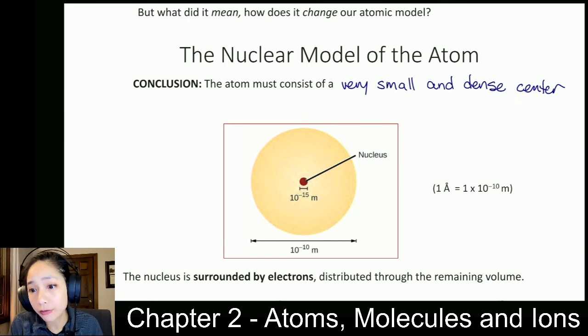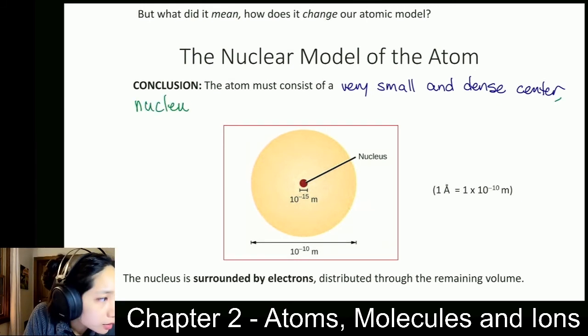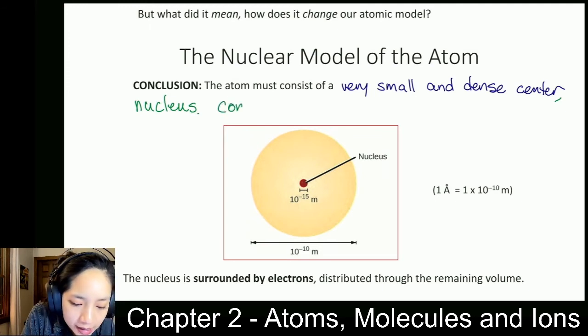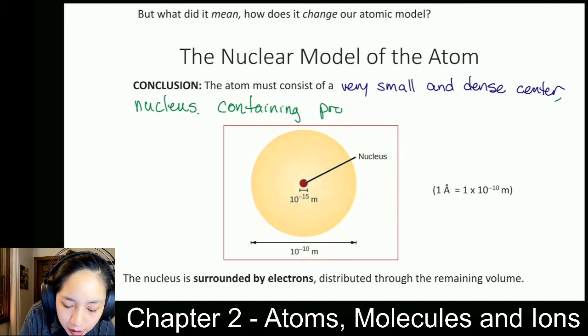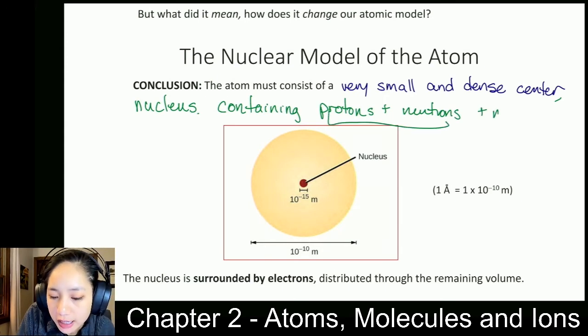So the conclusion that Ernest Rutherford made from his gold foil experiment is that the atom must consist of a very small, dense center or nucleus containing the protons and neutrons and essentially nearly all the mass of the atom.